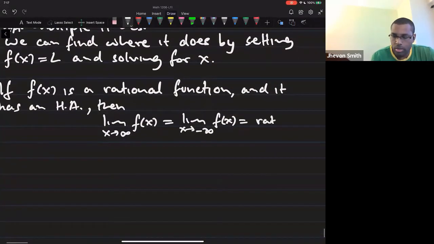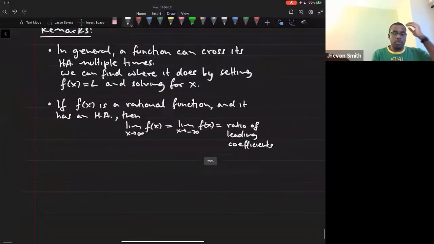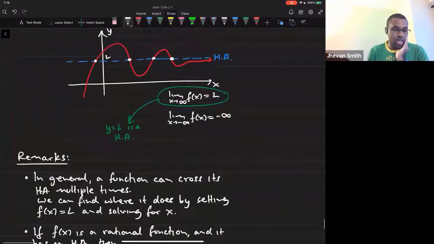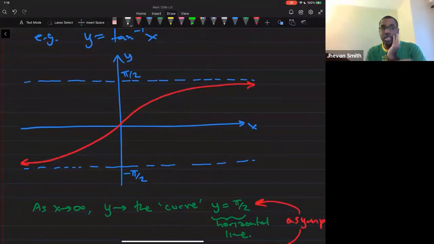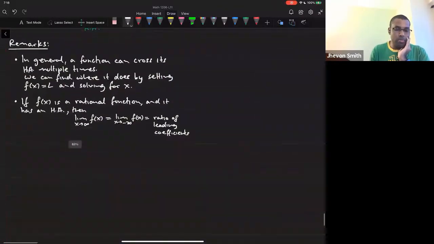It's the ratio of leading coefficients. So if you're looking at a linear function, which we will be doing pretty often, the limit as you go to infinity is going to be the same as you go to negative infinity. If you're not looking at a rational function, this is not necessarily true. We saw an example here with the arctangent. The limit as you go to infinity is not the same as you go to negative infinity. But for rational functions, they will always be the same.